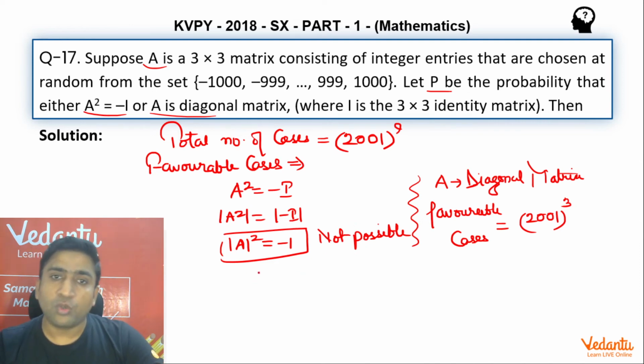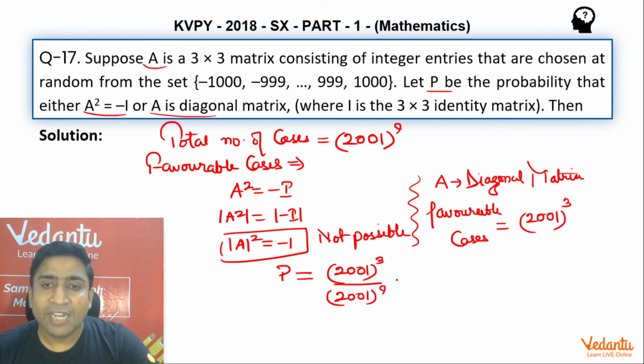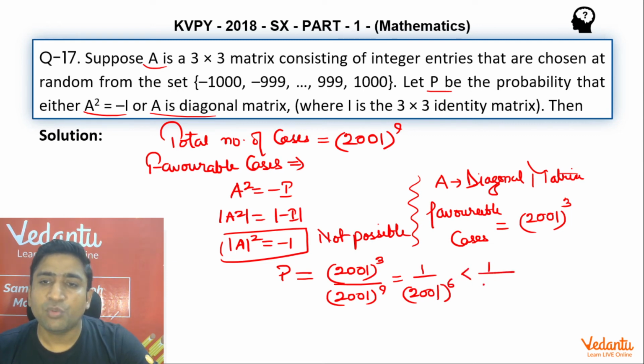So if you know the total number of favorable cases and the total number of cases, how about we write down the probability? Probability will be favorable cases upon total number of cases. If you simplify it, it becomes 1 upon 2001 to the power 6. I hope no one will have any problem if I replace 2001 by 1000.